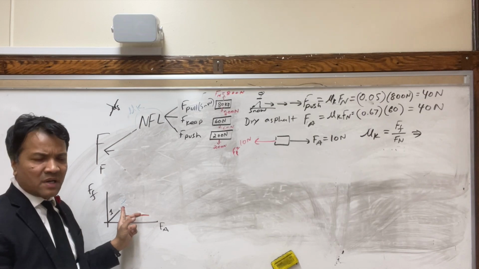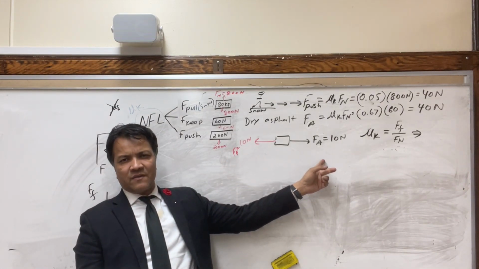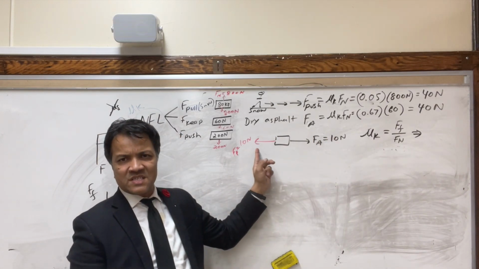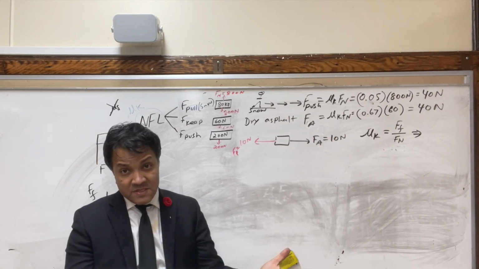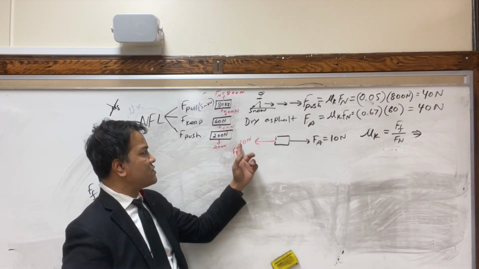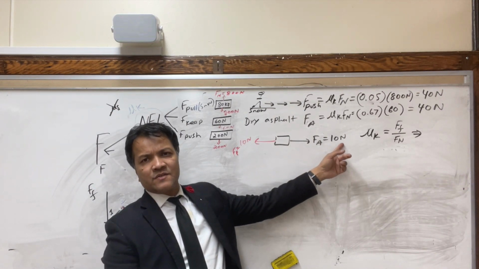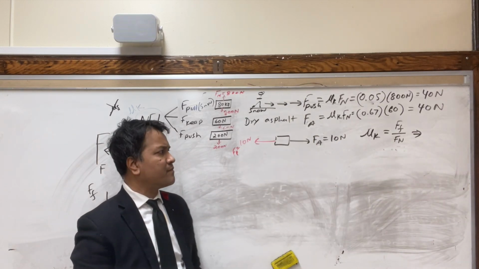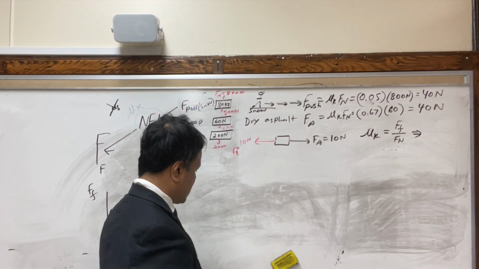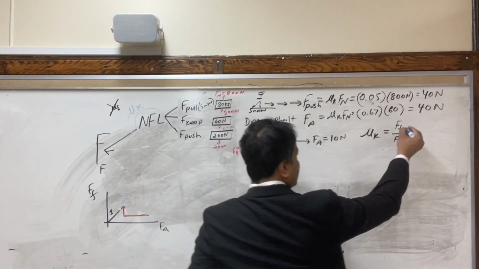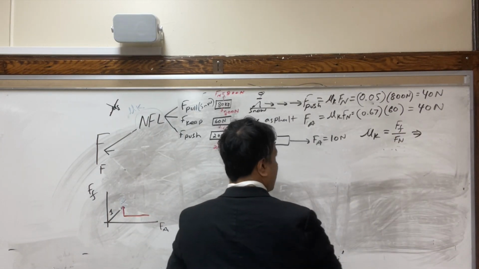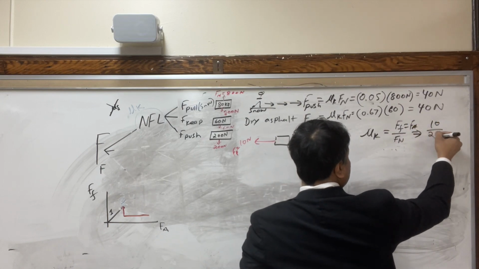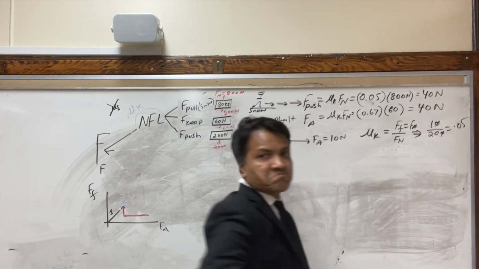Over here means constant velocity, meaning there is no net force, meaning this one cancels with another one which is equal in magnitude. That means this one has to be the same in magnitude as this one. If you know Fa, you know Fn. Good. So Ff is Fa. So 10 over 200. All right.